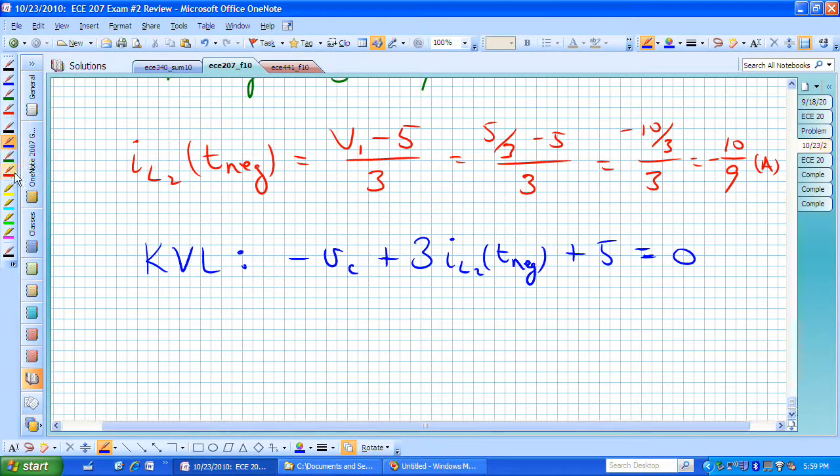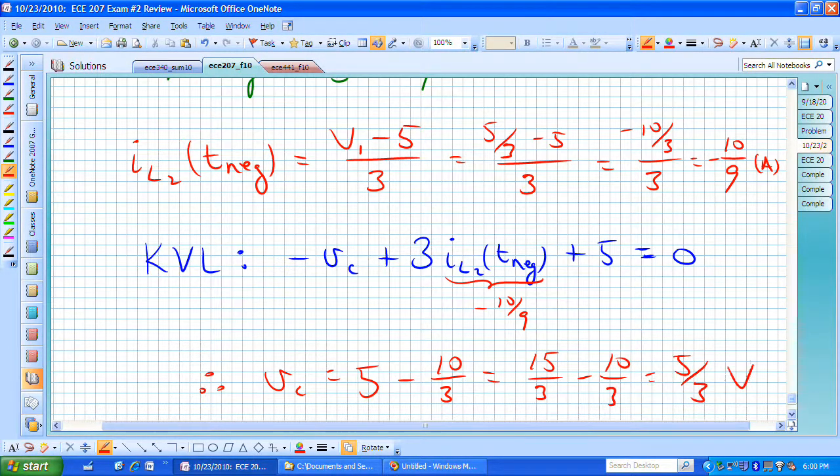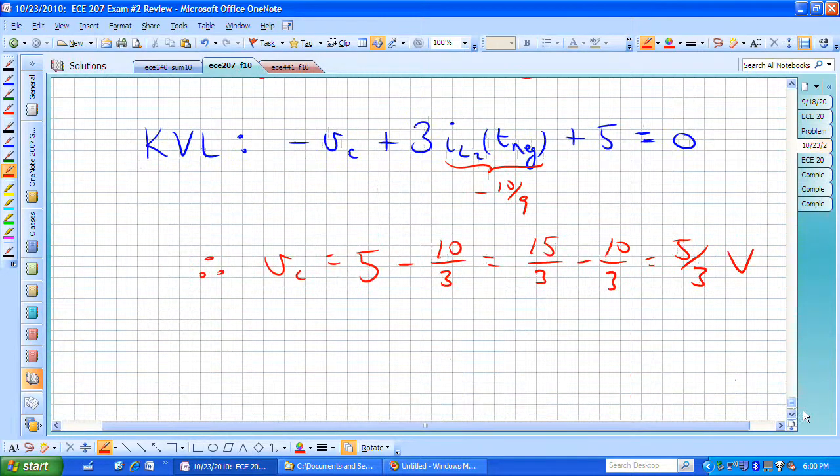And I sub L sub 2 of t negative was minus 10 over 9, or V sub C is now equal to 5 minus 10 over 3, or we now have 15 over 3 minus 10 over 3, or 5/3 volts for V sub C in that condition for t less than 0.